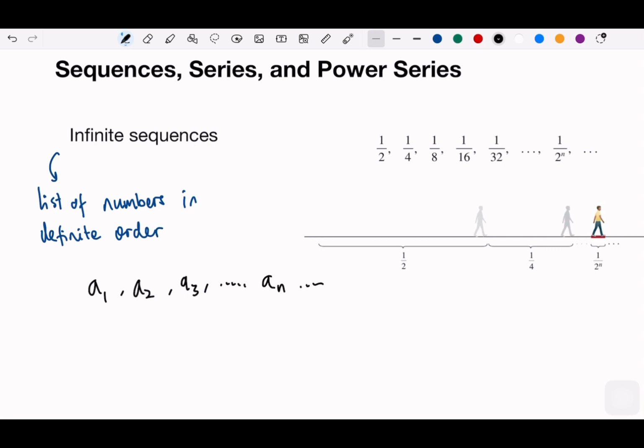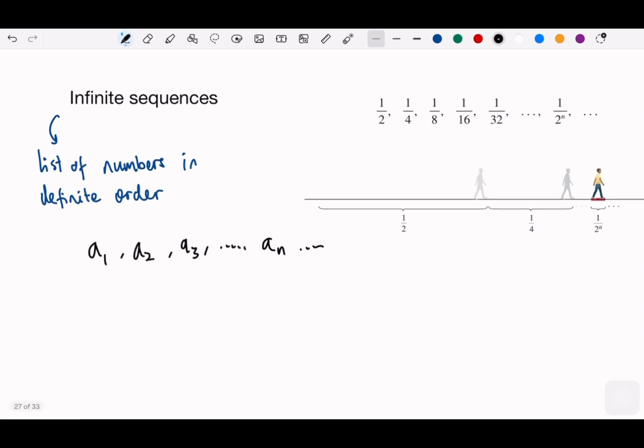We call A1 the first term, second term, and so on. Usually we can also rewrite this by taking this bracket. It means the sequence of an, or we can write completely by taking the n from 1 to infinity.